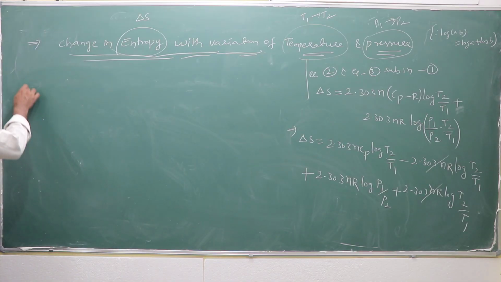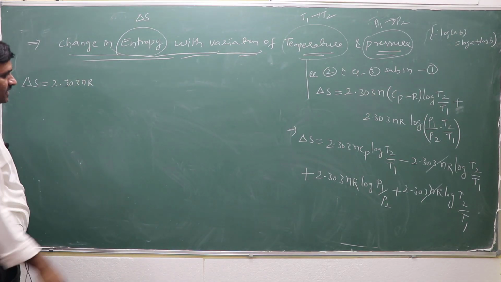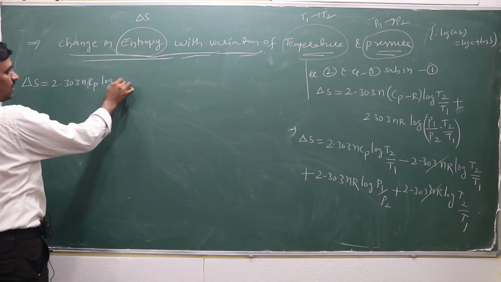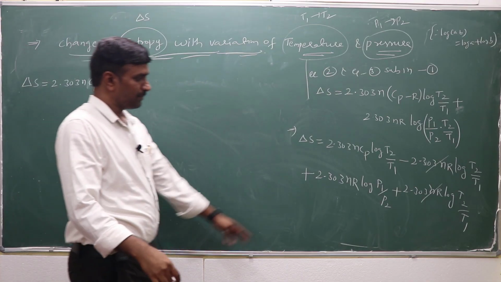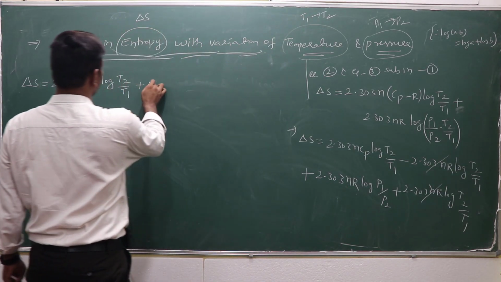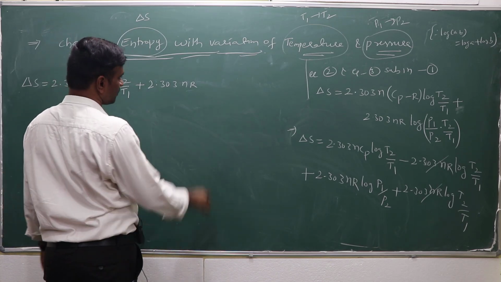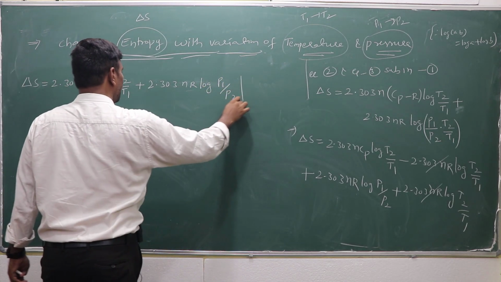What will be left? Delta S is equal to 2.303 nCp log T2 by T1 plus 2.303 nR log P1 by P2.